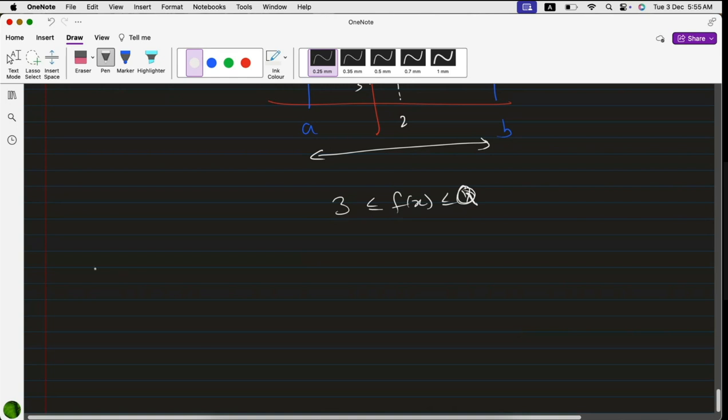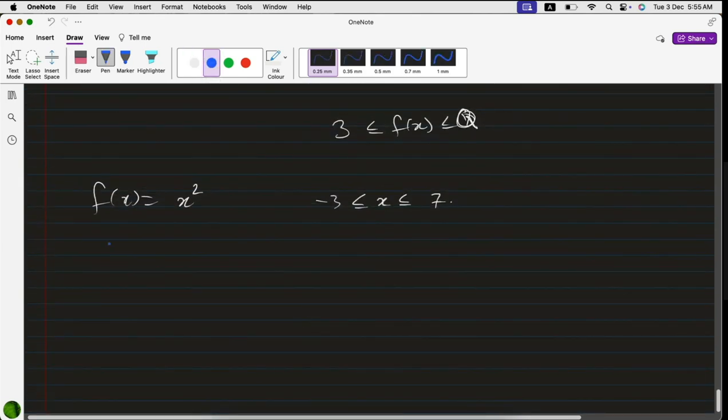So if I say f of x is equal to x squared, for minus 3 less than or equal to x less than or equal to 7, and I'm asking for the range.